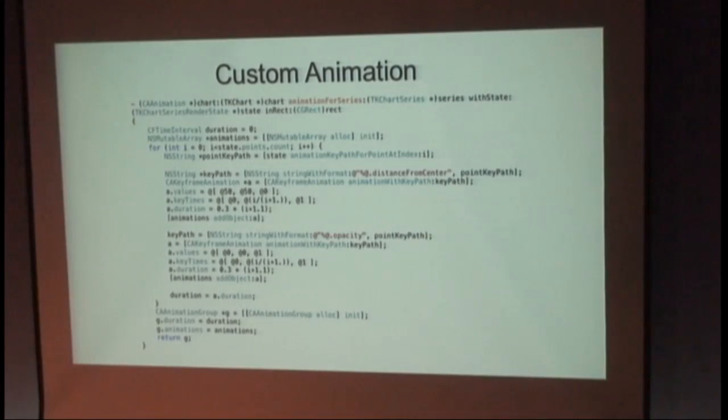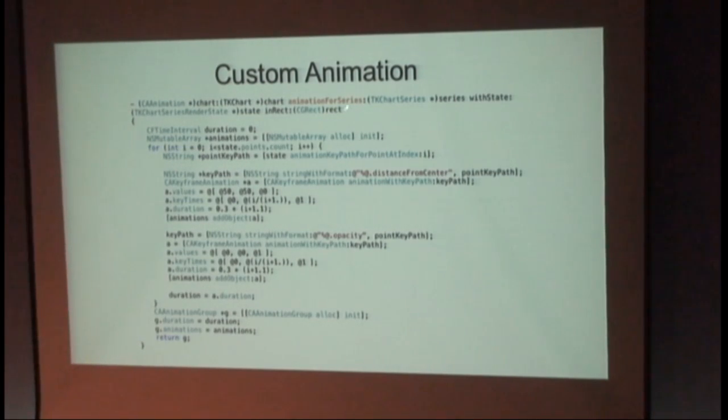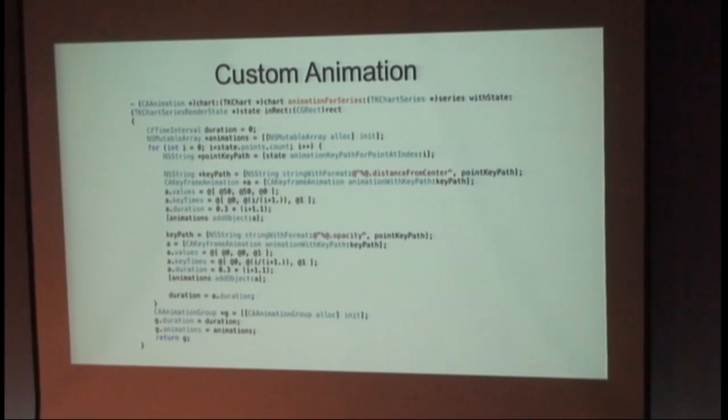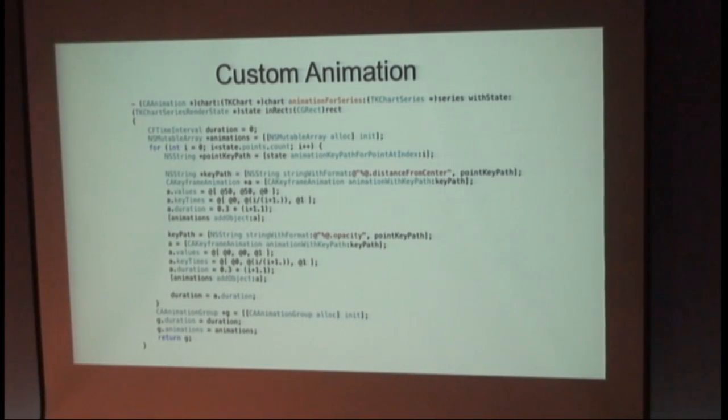Here is an example of a custom animation, and I really hate that I had to turn this into orange for you to see it, simply because I like to keep the color. If you're like me, you like the syntax highlighting to be correct. But if you handle our TKChartDelegate protocol and you implement this chartAnimationForSeries:withState:inRect: method, then you can perform these custom animations. And this is just a custom animation that we used internally for some of our testing.